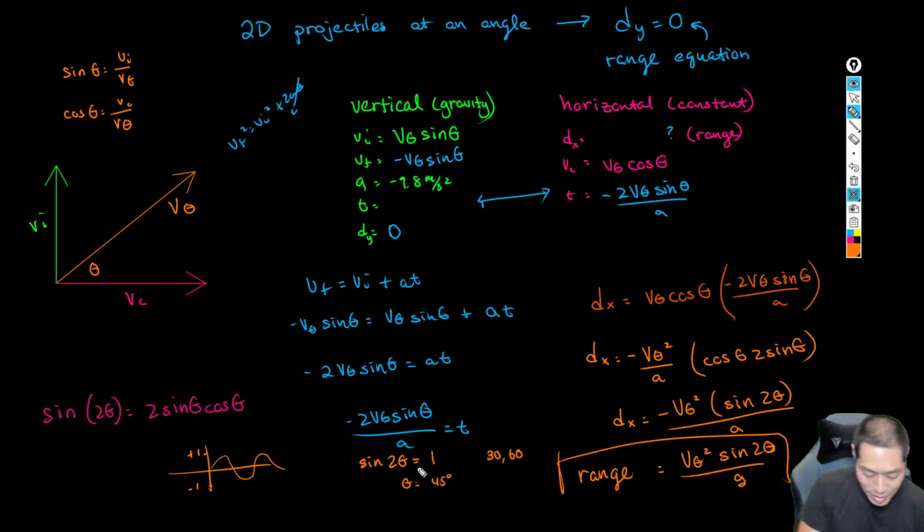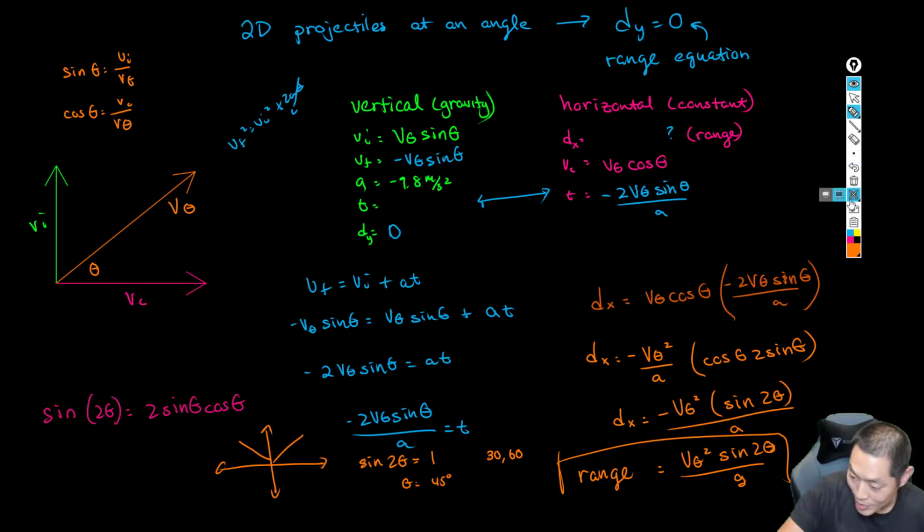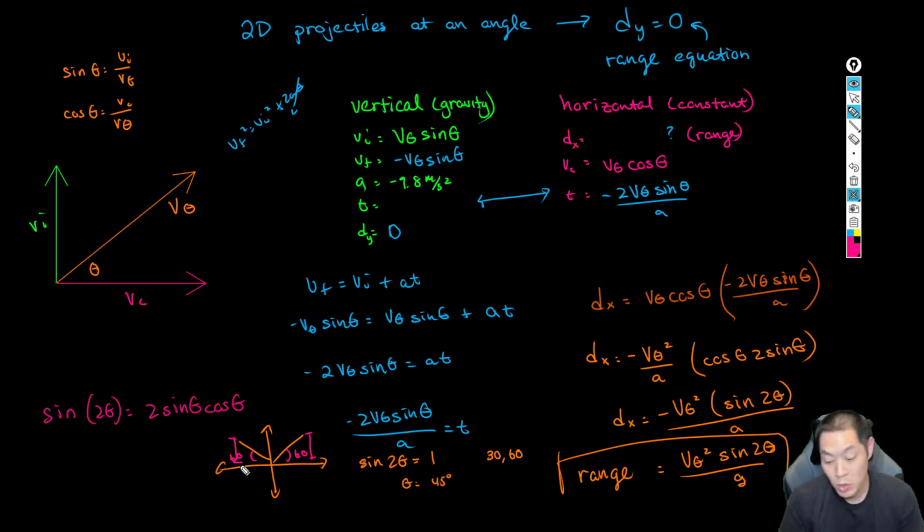So if you look at the, I'm sorry that I'm cramming everything in, if you look at the unit circle, here's 60, and then 120 is right there. And what happens is this angle is 60. This angle is also 60. So they're going to have the same y component. So they're going to have the same range, right?